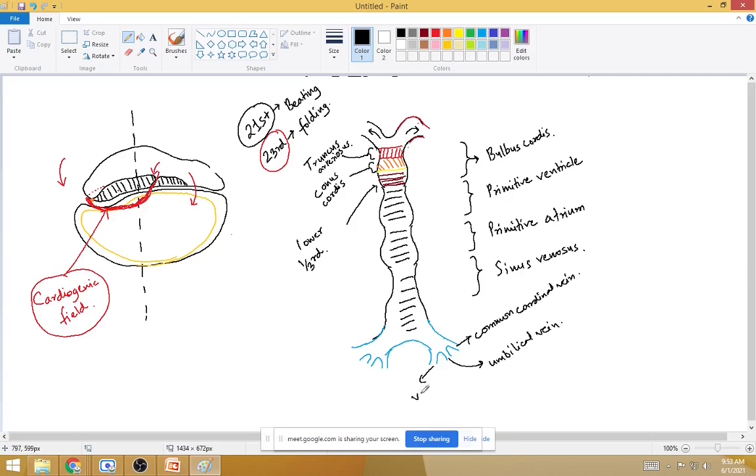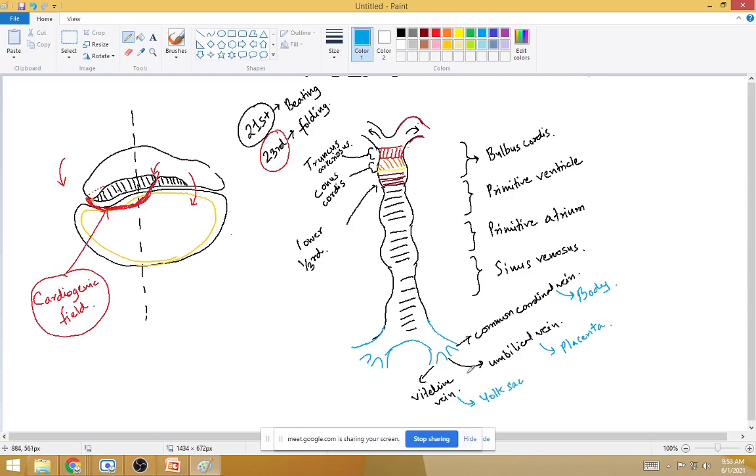This one is known as the vitelline vein. The common cardinal vein is draining the body. The umbilical vein brings nutrition from the placenta. The vitelline vein is draining the yolk sac.